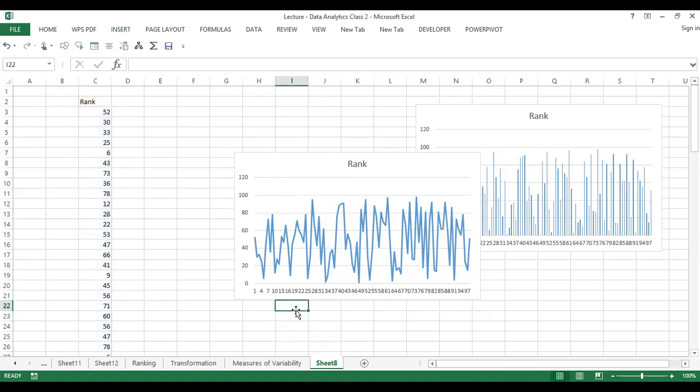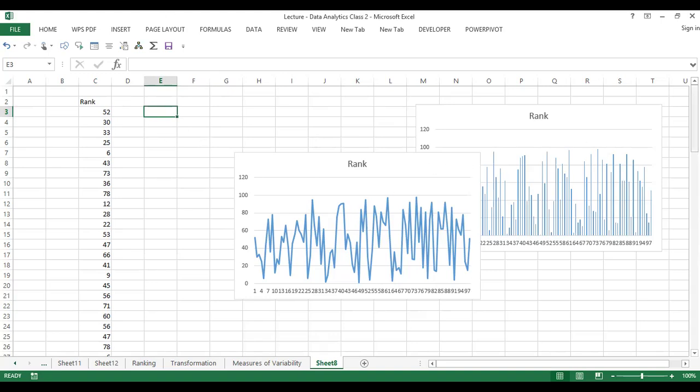Because it's not smooth, in real life sometimes data don't occur as smoothly as that. Sometimes it does, sometimes it doesn't. And of course, this is not real life data anyway.